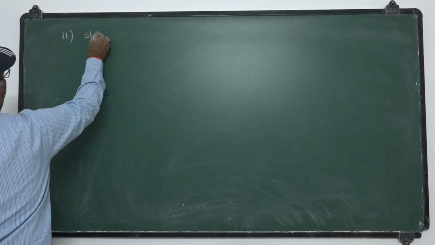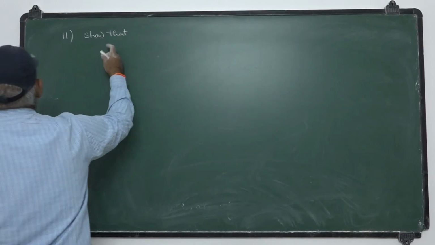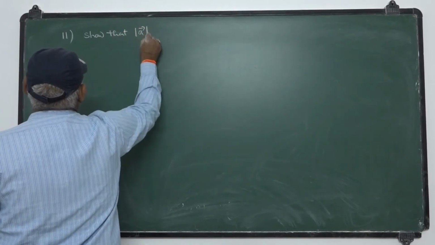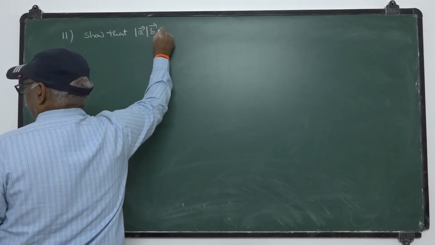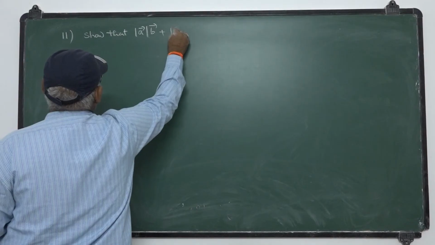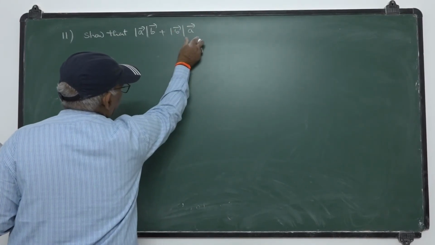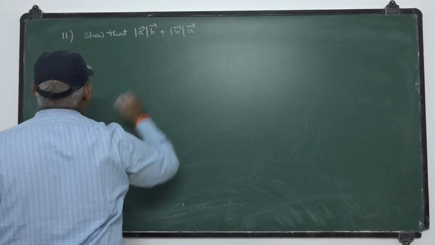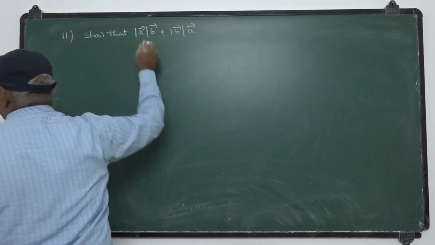Show that mod A bar into B bar plus mod B bar into A bar. This is a scalar, this is a vector. A vector is multiplied by a scalar. Similarly here, it is a scalar multiplied by a vector.